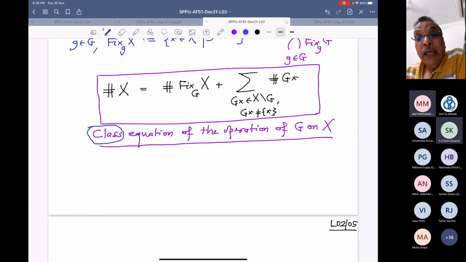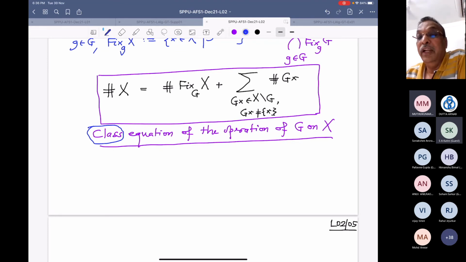Now I will give several examples of the class equations. How do you compute the class equation in many examples, and those I call examples, but they are really, you might have learned them as theorems. I will take different group actions or different group operations on different sets, and then we will find out what this equation is.